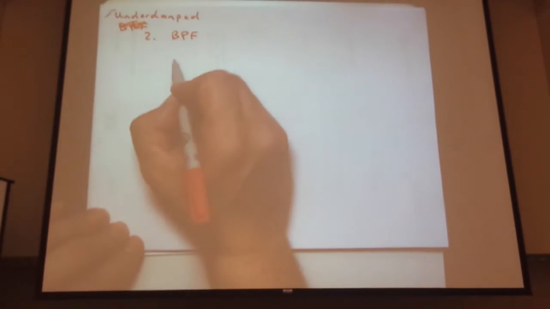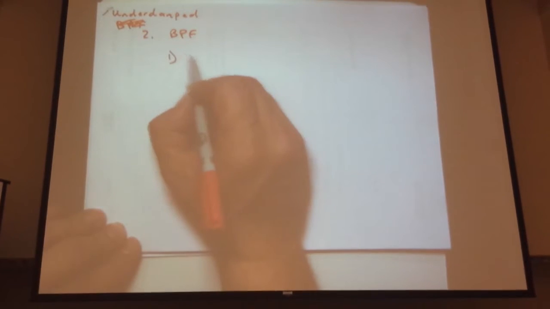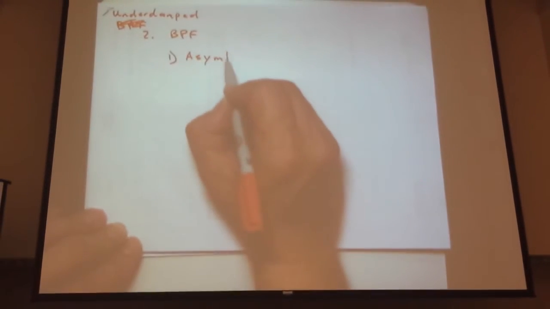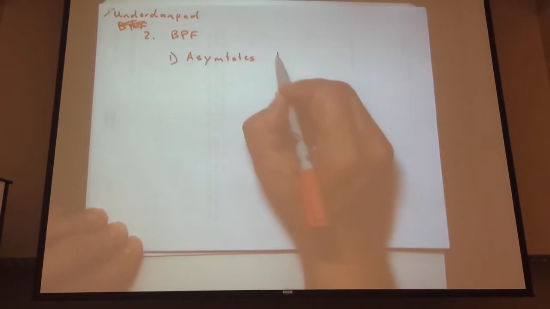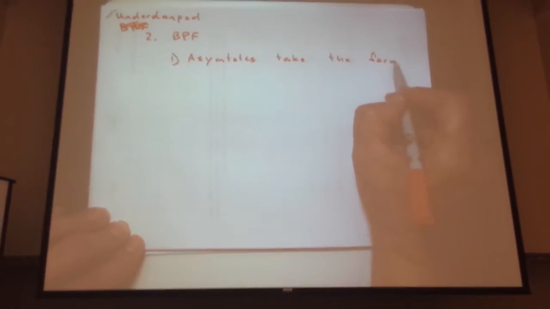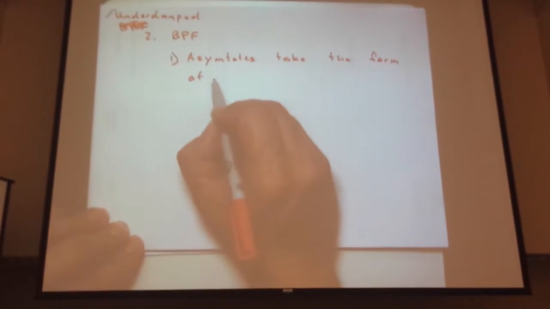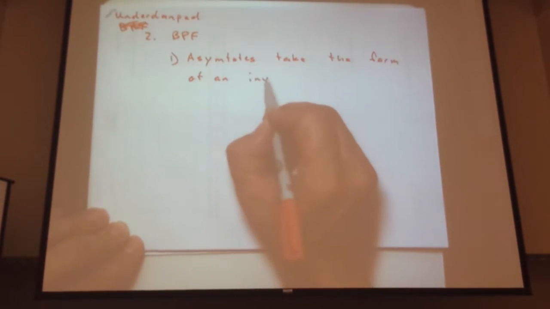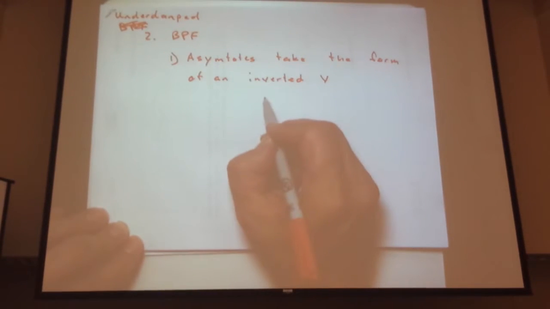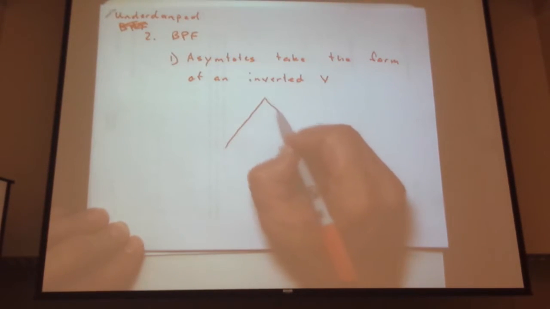We're going to have an inverted V. So asymptotes, in this case, take the form of an inverted V. Specifically, they'll look something like this.